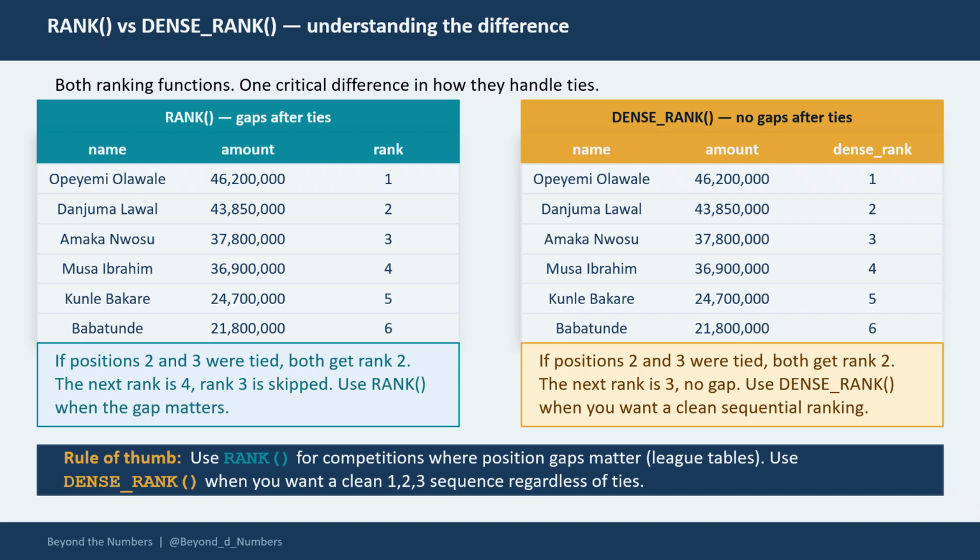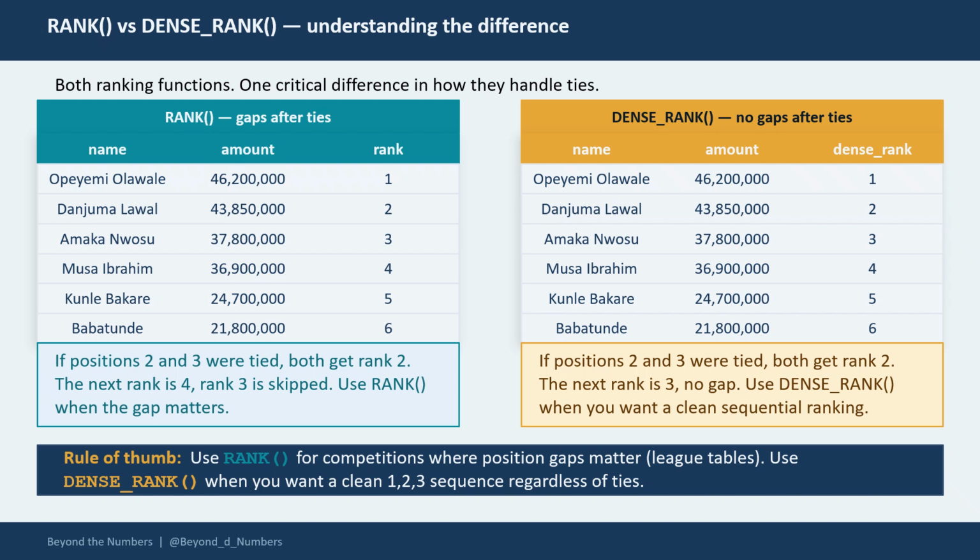There's a gap where rank 3 would have been. That is how rank handles ties: it creates gaps. It skips 3 because, although two people are ranked 2, one of them is occupying the third spot.